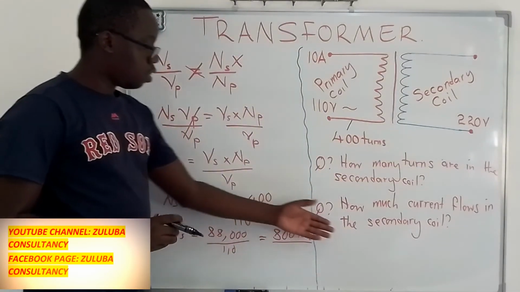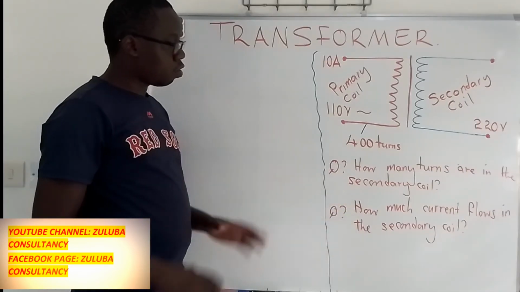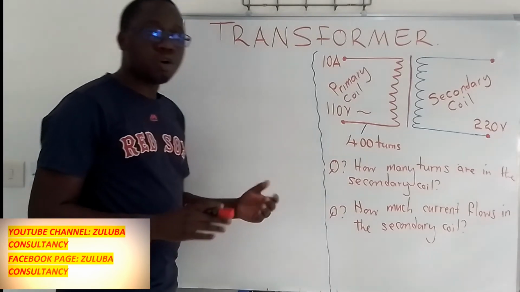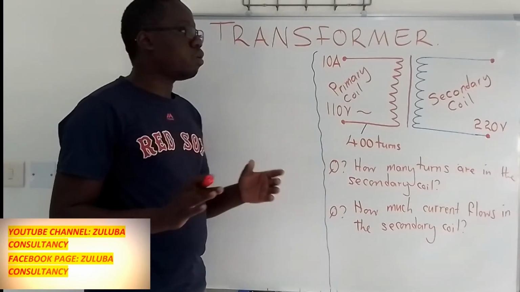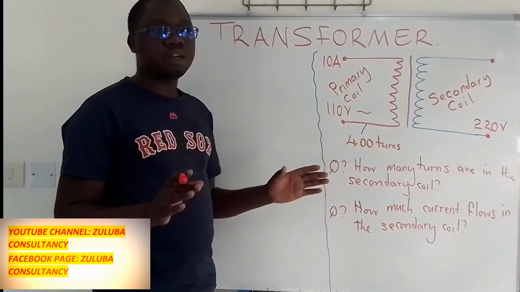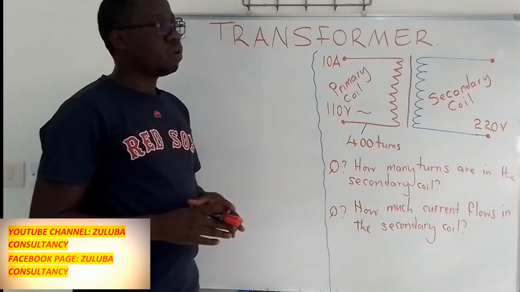Let's look at the next question. The next question is asking us to calculate the current that is flowing in the secondary coil. How do we calculate it?